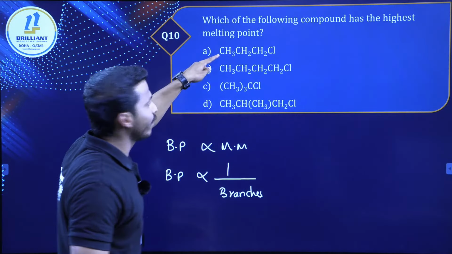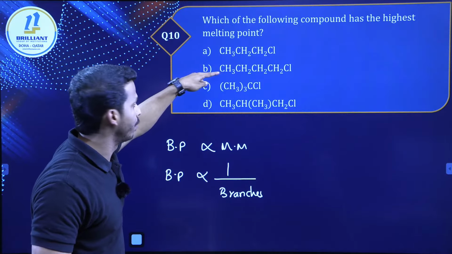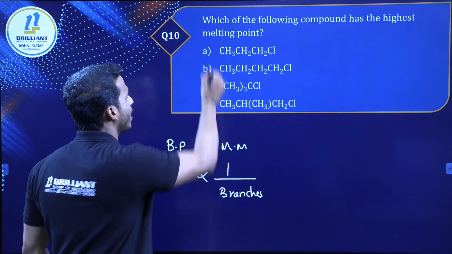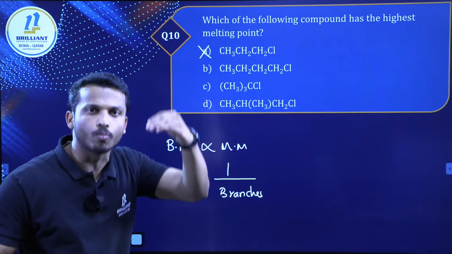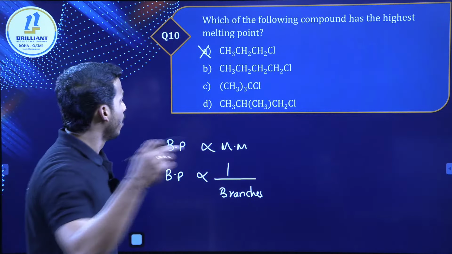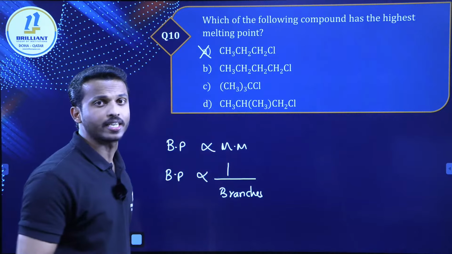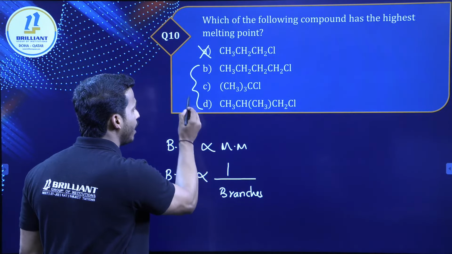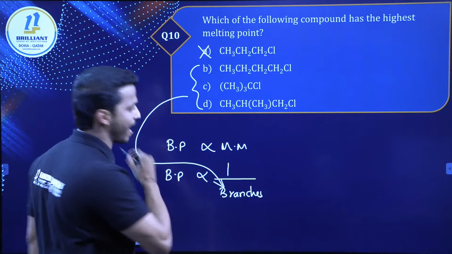So dear all, it's having 3 carbon, it's having 4 carbon, it's having 4 carbon, it's also having 4 carbon. So I can cut option A because it is the least molecular mass species. That's having very least melting and boiling point. Whereas in B, C, D, all are isomers.